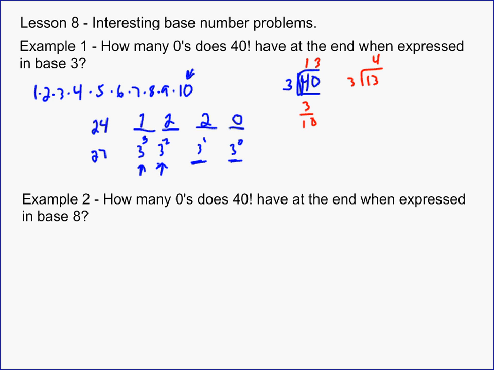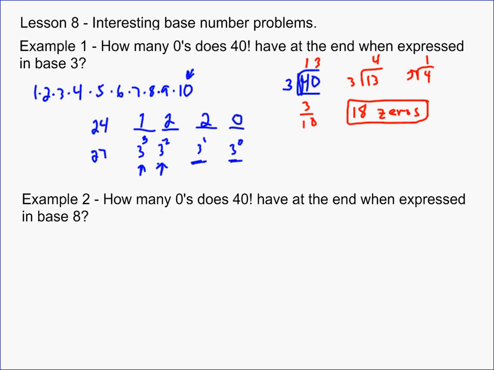How many 3's go into 4? There's 1. So there are 18 3's that appear in 40 factorial. That means there are 18 zeros at the end. So you just go through and divide by whatever your base is, and it's got to be a prime factor of the base. That's how many multiples of 3 are in 40 factorial, and so that's how many zeros.